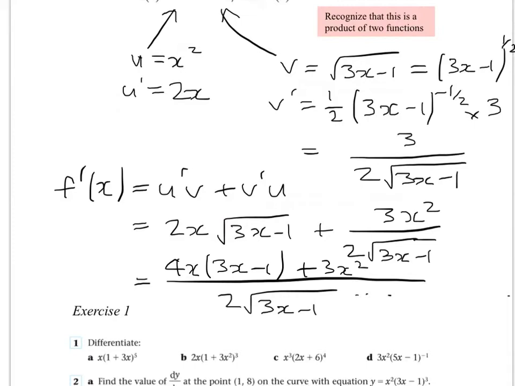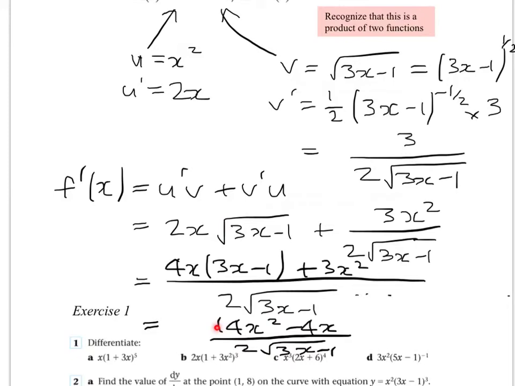Okay, so on the top line we've now got 12x squared minus 4x plus 3x squared. So we've got 14x squared minus 4x all over 2 root 3x minus 1. Okay, and that is the simplest way that I can write the derivative of this function. That form is actually very helpful if we now want to go on and find maximum and minimum values. Very handy to have it in that form.